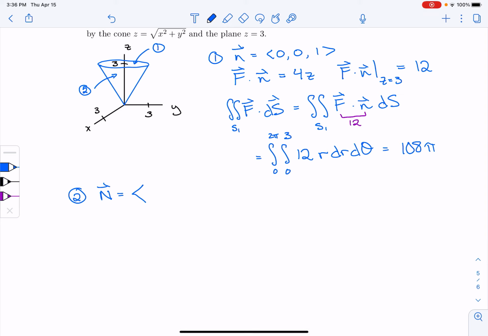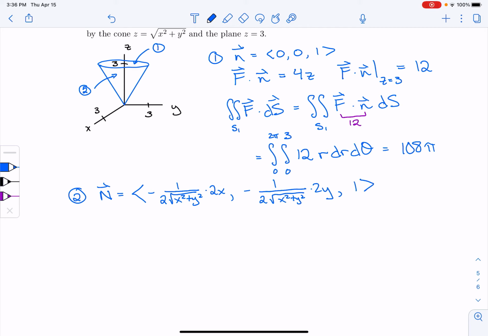So here, I'm going to get minus the derivative of z with respect to x, which is 1 over 2 root x squared plus y squared times 2x, and then minus 1 over 2 root x squared plus y squared times 2y, and then finally 1.